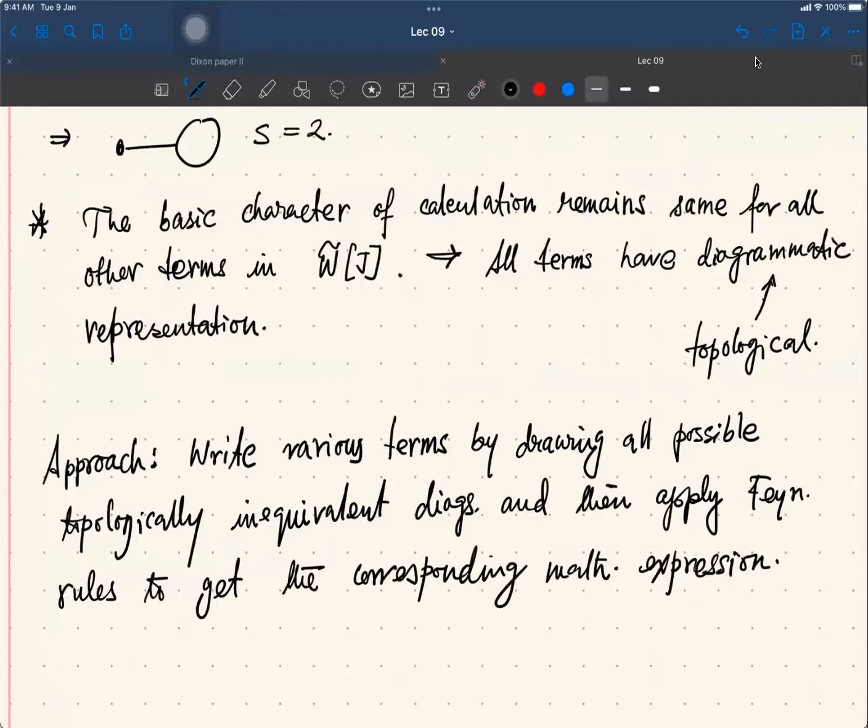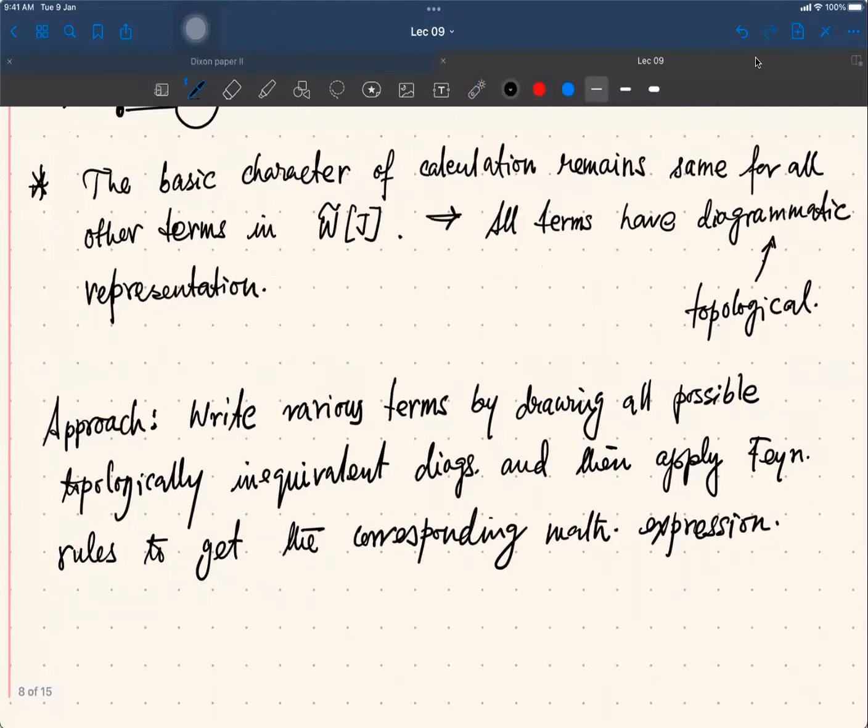Exactly what we found in the free theory. The same thing is happening here as well.